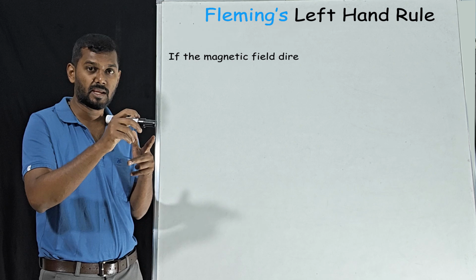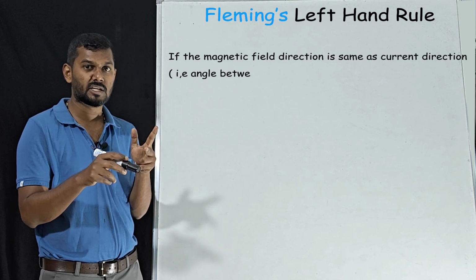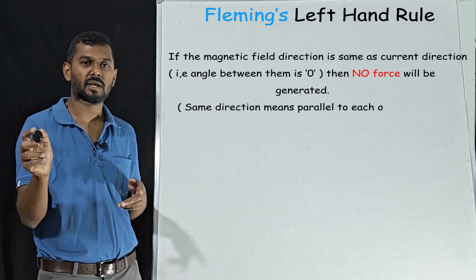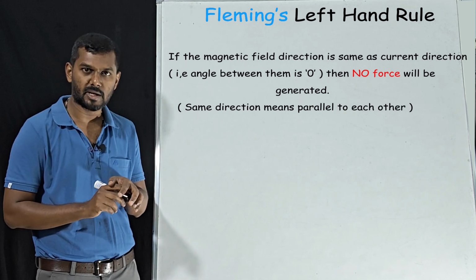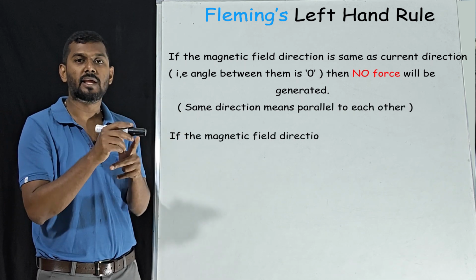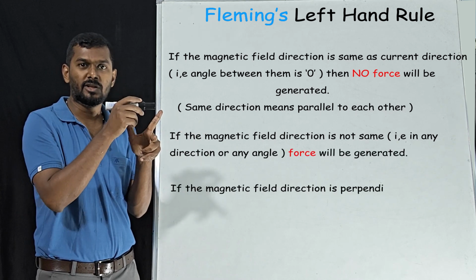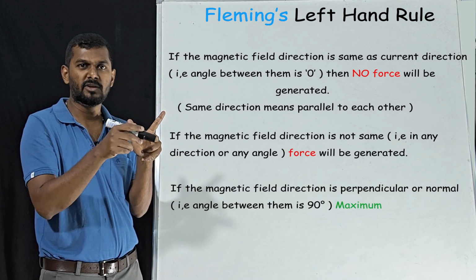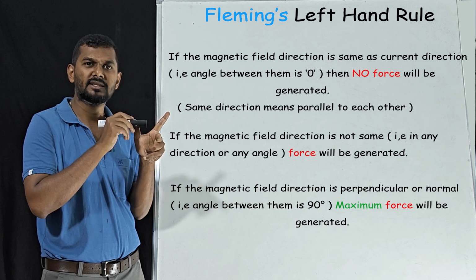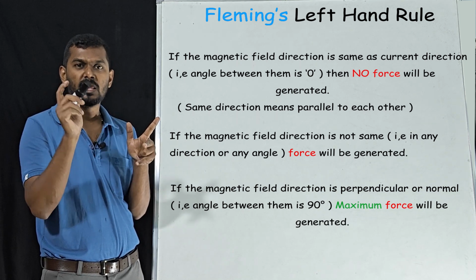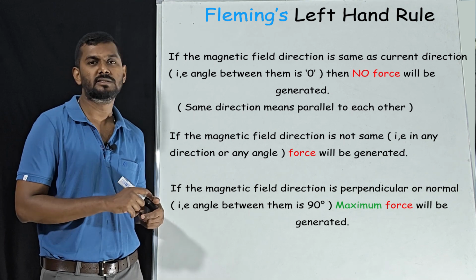If the magnetic field lines direction and the current direction are in the same direction, both parallel to each other, no force will be generated. In any other direction force is generated. But when it comes to perpendicular, when the angle between the magnetic field and the direction of current is 90 degrees, then the maximum force will be generated.